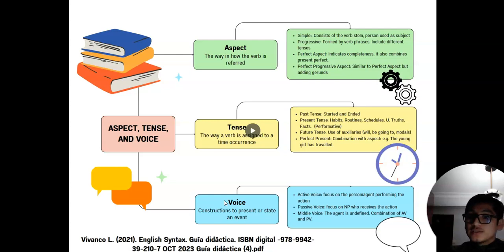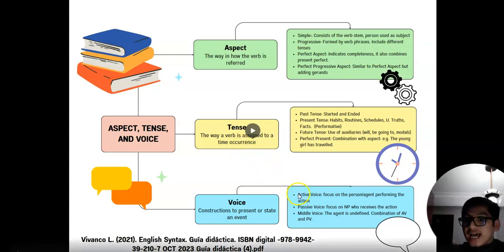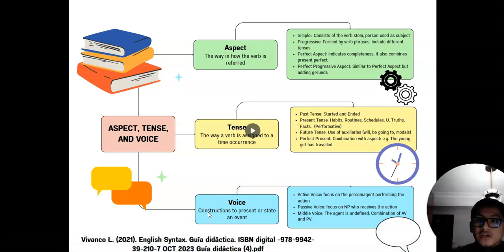Okay, so the first one, let's continue. So the first one is the active. Another thing to mention is that in these voices we have to have in mind what are the most important aspects to talk about.